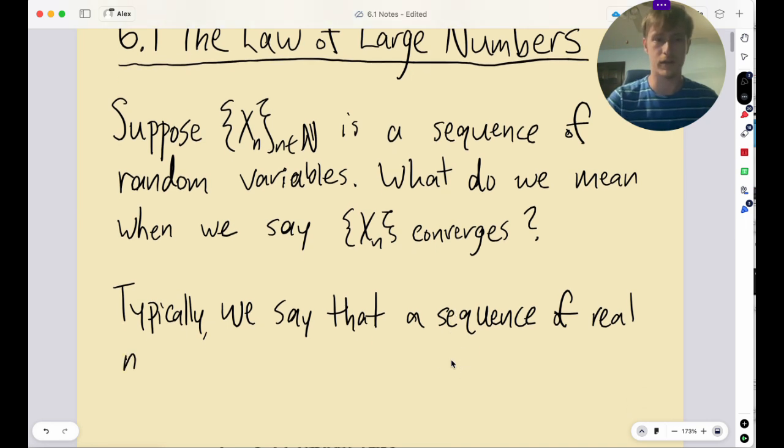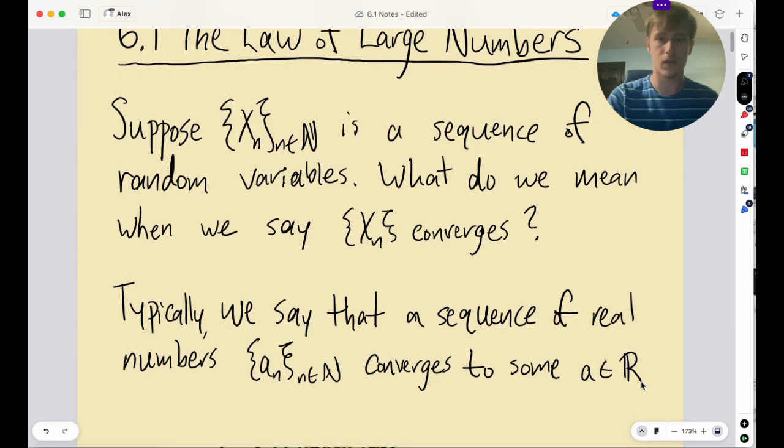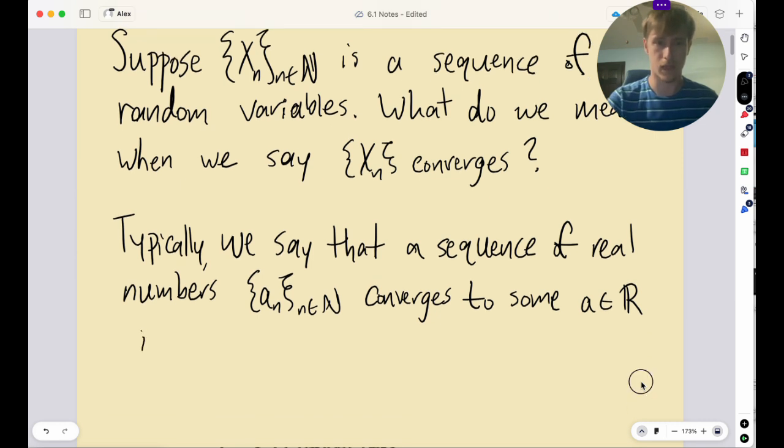A sequence of real numbers, we'll say maybe a sub n. And let's talk about what it means when we say that a sub n converges to some real number a. Okay, so this is a definition.